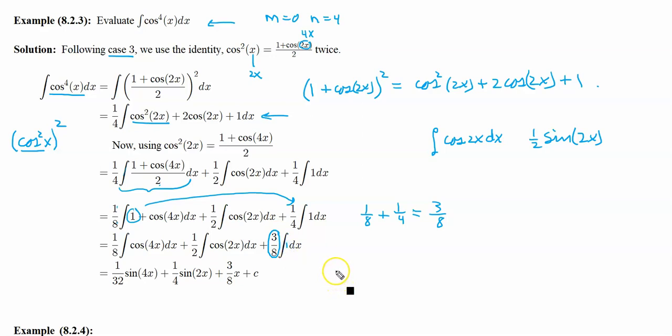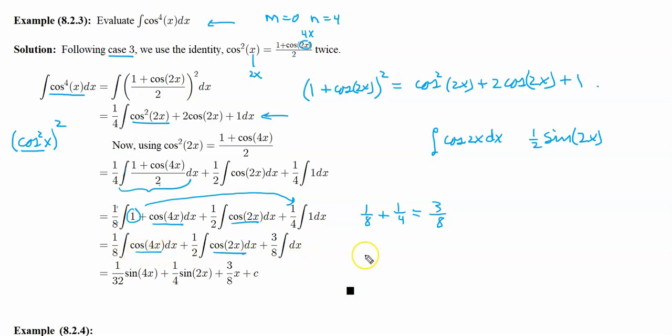Just a little simplifying there, so we got rid of this 1. Then we have the 1/8 times the integral of cosine 4x, that's this right here. Cosine 2x is right here. And then the 3/8 times the integral of 1 dx. Now everything can easily be evaluated.